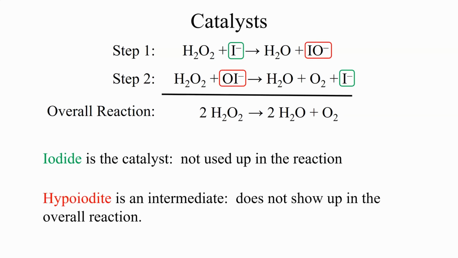That's an intermediate. It was a product in the first step that was reconsumed as a reactant in a subsequent step. So the lesson here is catalysts are not used up in a reaction. They will show up as a product, as they did as a reactant, and they lower the activation energy of a reaction in order to speed it up.